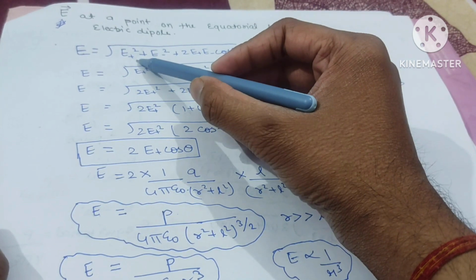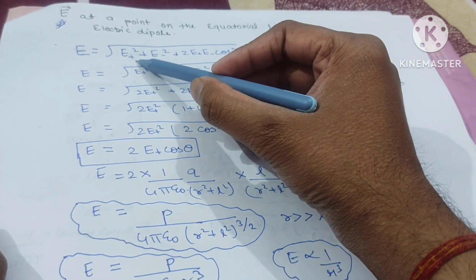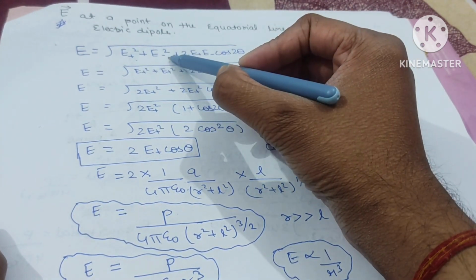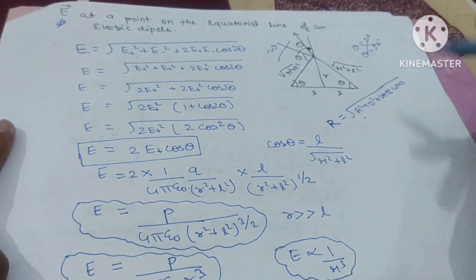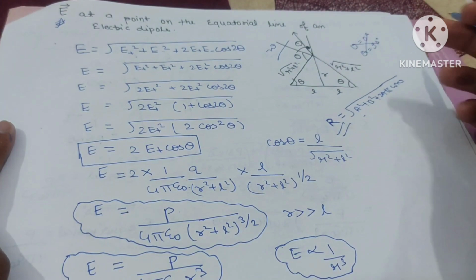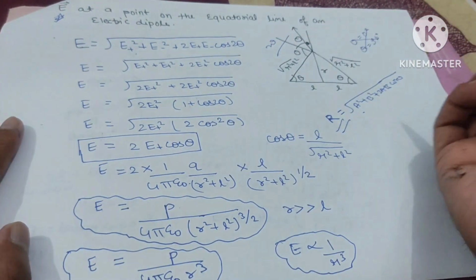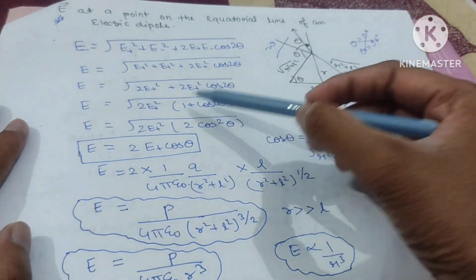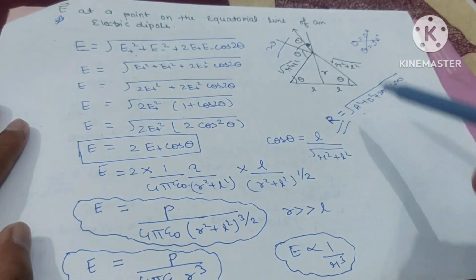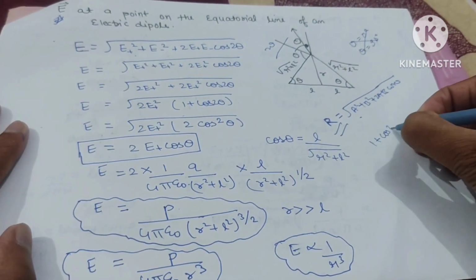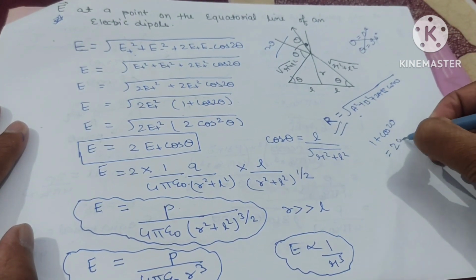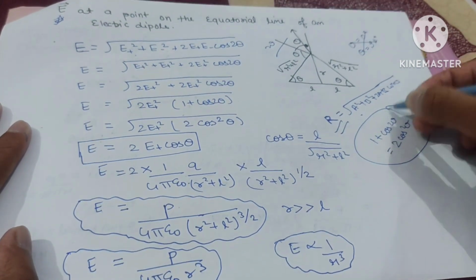E is the resultant of E plus and E minus, using the resultant vector formula. Now you have to solve it, and we know that 1 plus cos 2 theta is equal to 2 cos square theta. That is the simple formula.